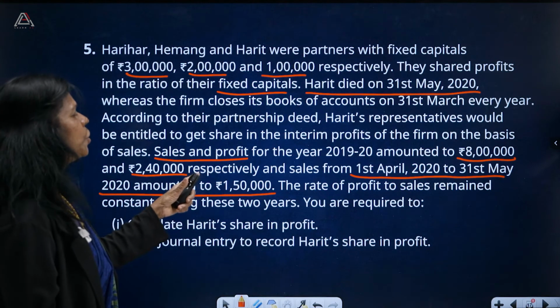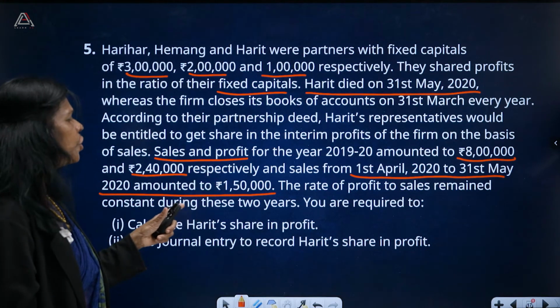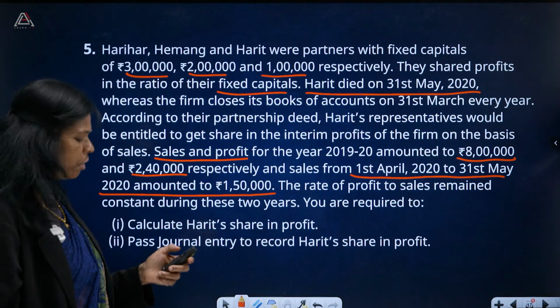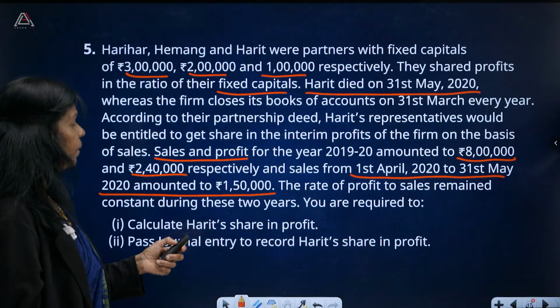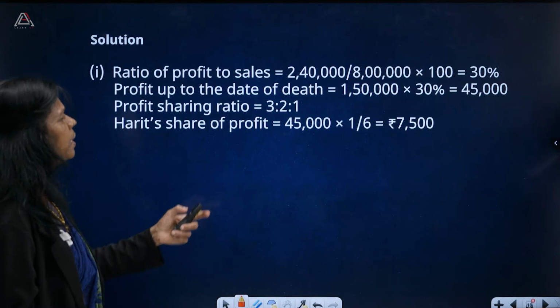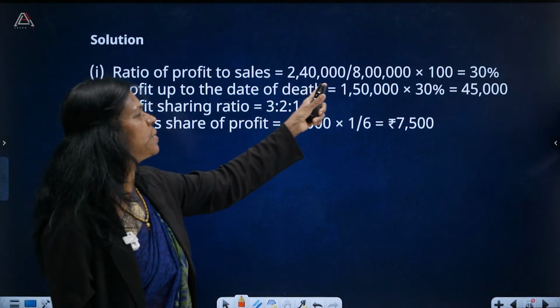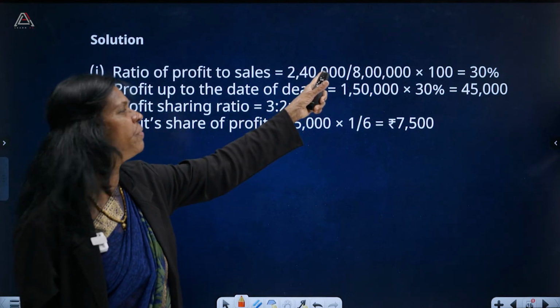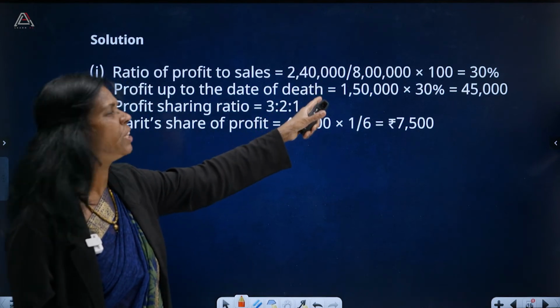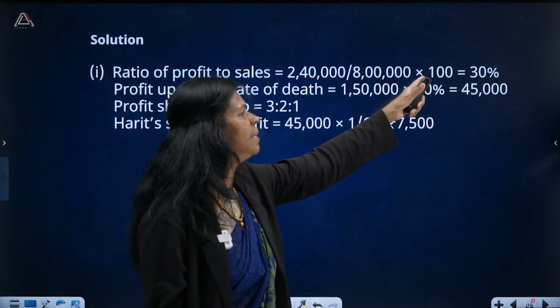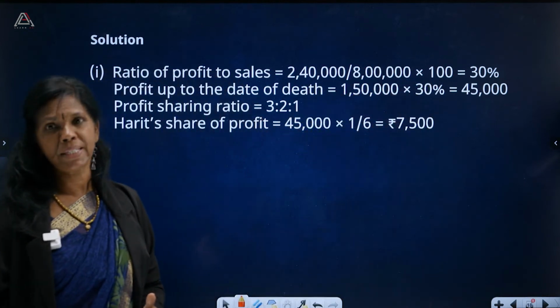How do we find out the ratio? On the basis of sales and profit. So, first we have to find out the ratio. This is profit divided by sales.